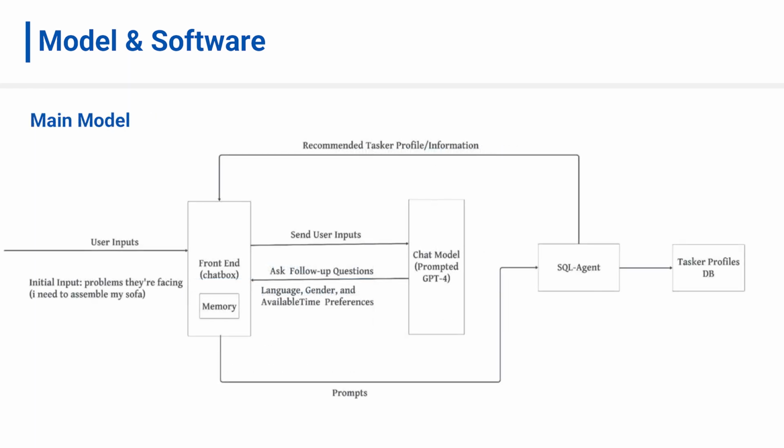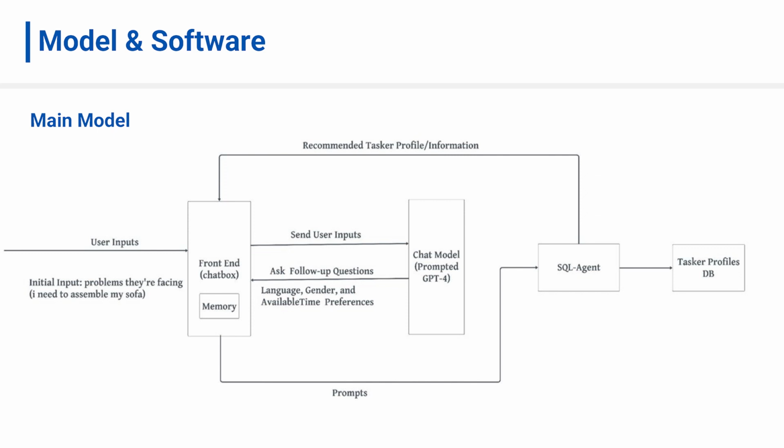So here is the architecture of our model. The user will type in the household queries to the front end, and the front end will send the queries to the chat model. The chat model will keep asking questions about language preference, gender preference, and available time, and all the communications between the user and the chat model will be stored in a memory.